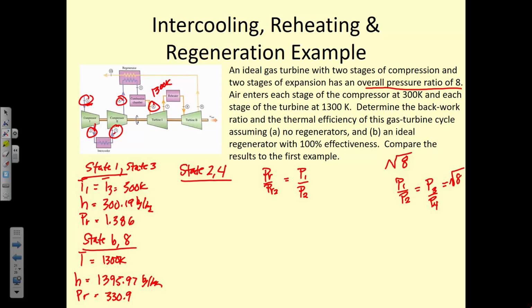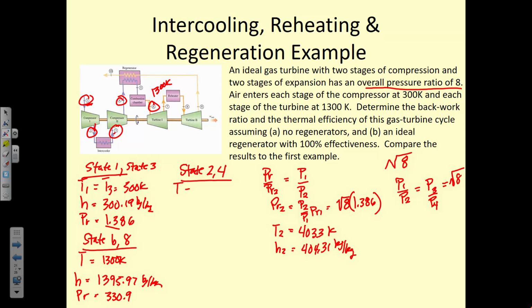Okay, so then we say PR2 is equal to P2 over P1, PR1 equals the square root of 8 times 1.386. So that's our PR1 there. That gives us T2 is equal to 403.3 Kelvin, and H2 is 404.31 kilojoules per kilogram.